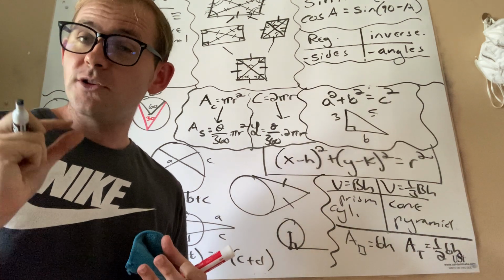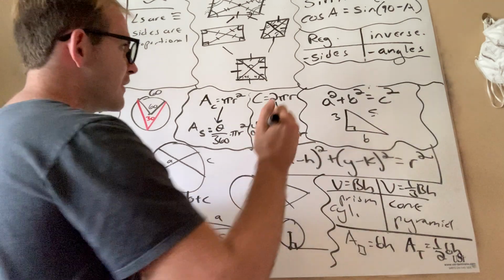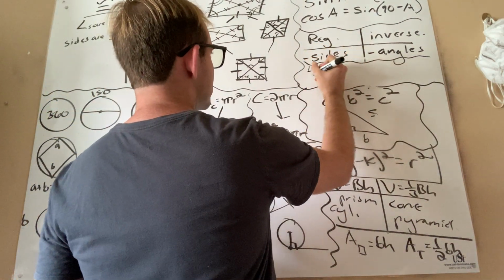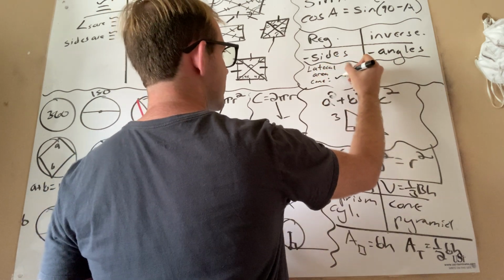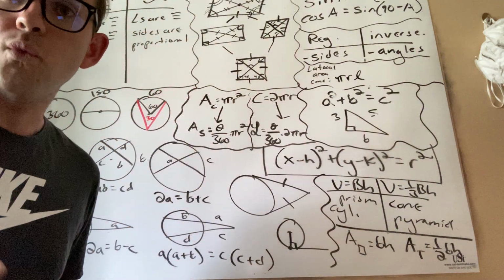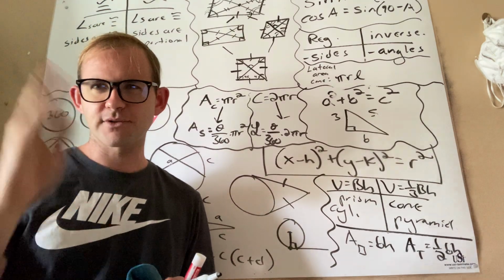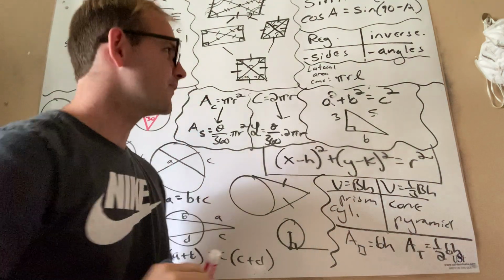But the lateral area for a cone, the part that gets wrapped around, actually has a formula which you might want to memorize. So the lateral area of a cone is pi r L, where L represents the slant height, which means instead of going straight up and down, it goes sideways along the cone.